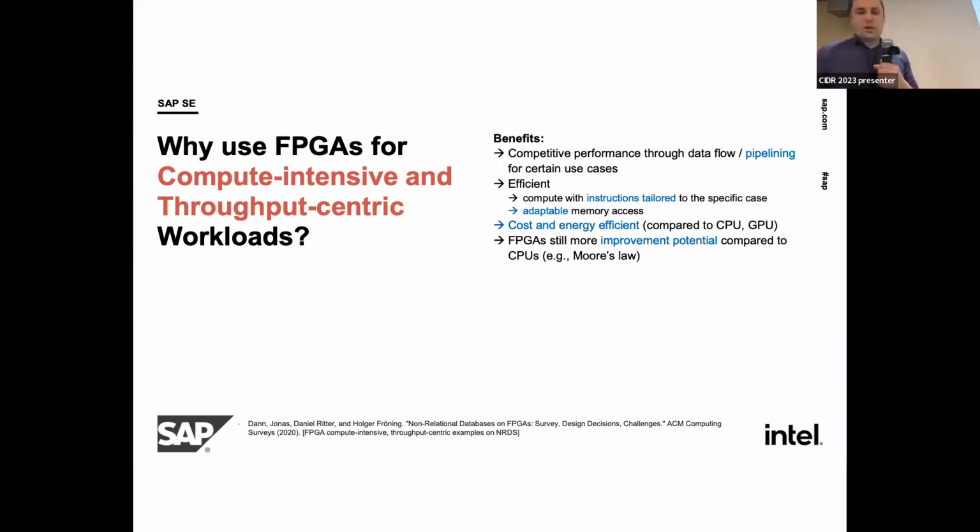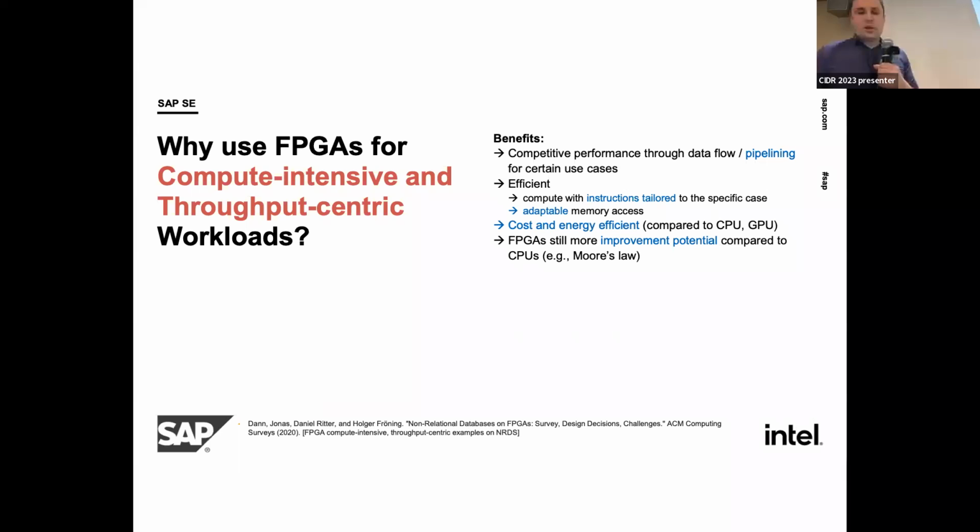Now, when you think about FPGAs, they have been around for a long time, and as many of you know, they are not the silver bullet. For some particular tasks they're quite useful, as we've seen for compression. It's not only about cost and energy efficiency, but in many cases we tend to look more at performance, and especially the performance we found in our work over the last years.